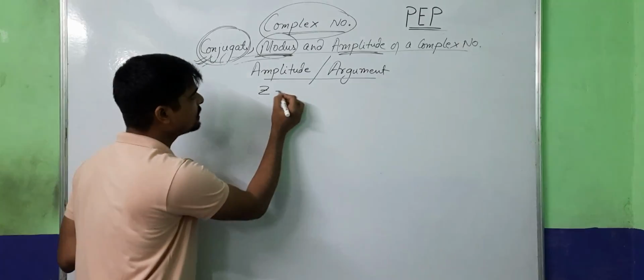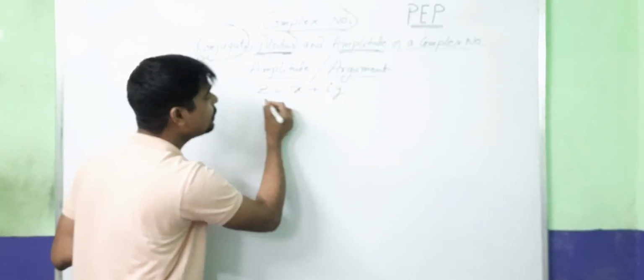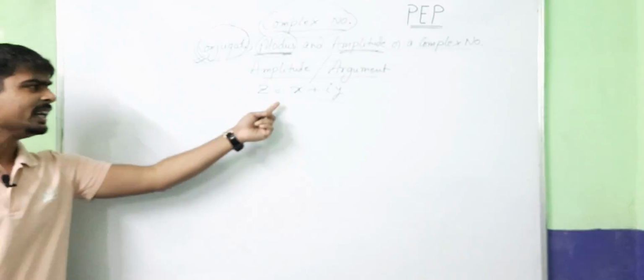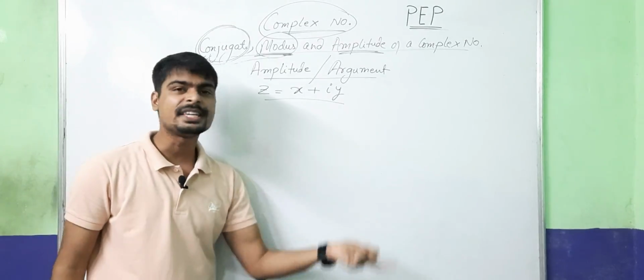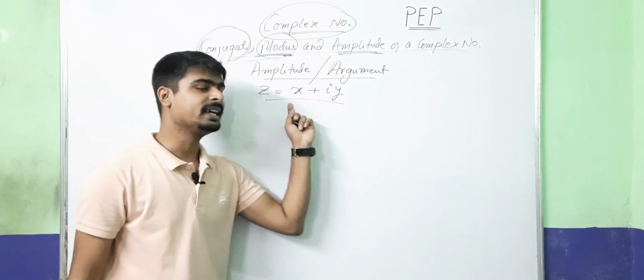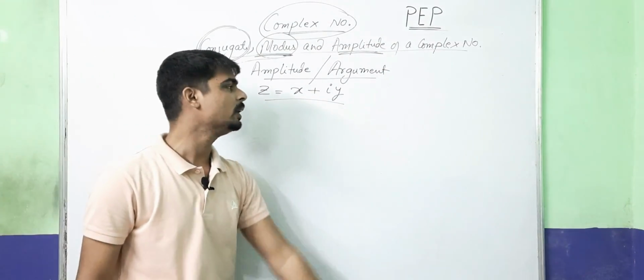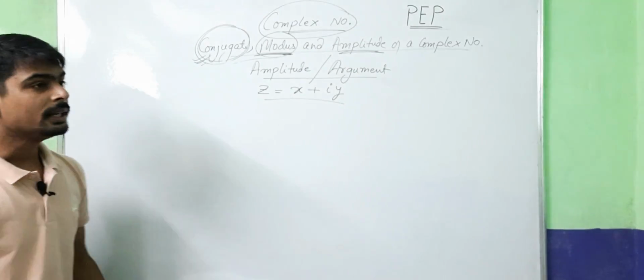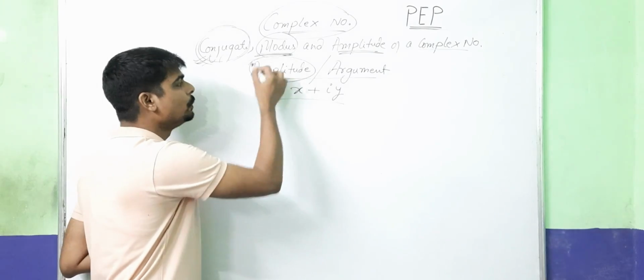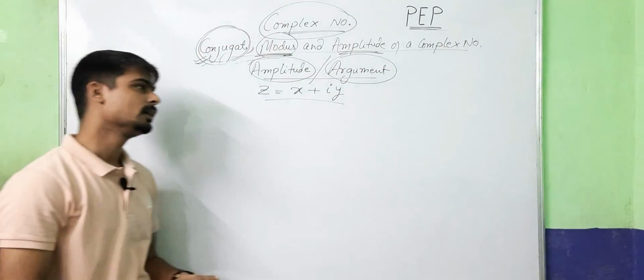If the complex number is Z is equal to x plus iy. You can take any real numbers, whether a, b, p, q, any of the real numbers. Here I have taken x and y. So if the complex number is Z is equal to x plus iy, then what is the amplitude or argument of this complex number? I am going to let you know the calculation of amplitude.